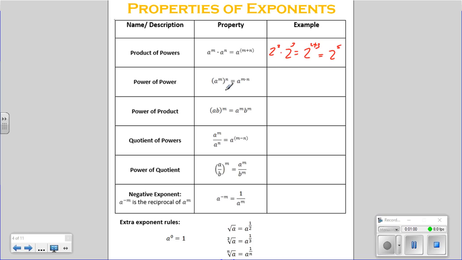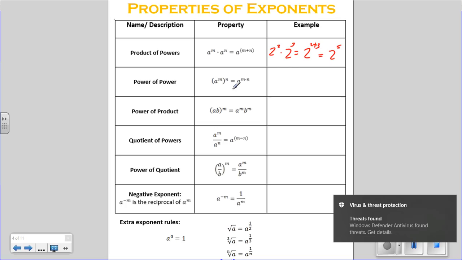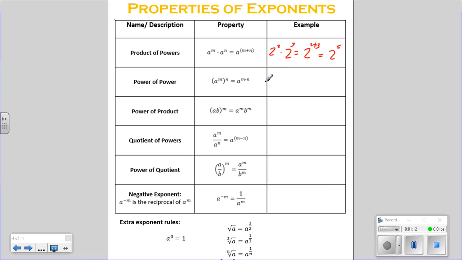Then we have the power of power property, which says if I have a number with an exponent and it's in parentheses with another exponent attached, you simply multiply the two exponents.